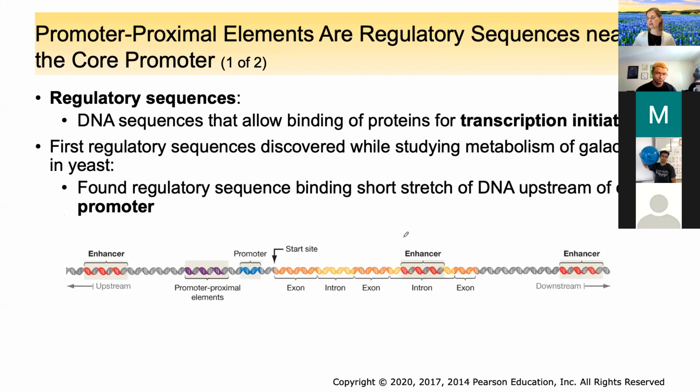And here's that crazy picture we've looked at a couple times. We have this short promoter here in blue that's upstream from our gene. But then we have other things like enhancers, right, that are going to recruit other initiating proteins to help this process along.